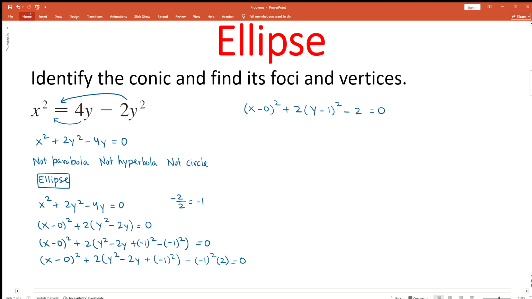Next we should move minus 2 to the right side of the equation, because in the equation of ellipse in standard form, the constant term is on the right side of the equation. So we should add 2 to both sides. Next, we should get rid of the 2 that's with y minus 1 square. So we should divide each term in this equation by 2.